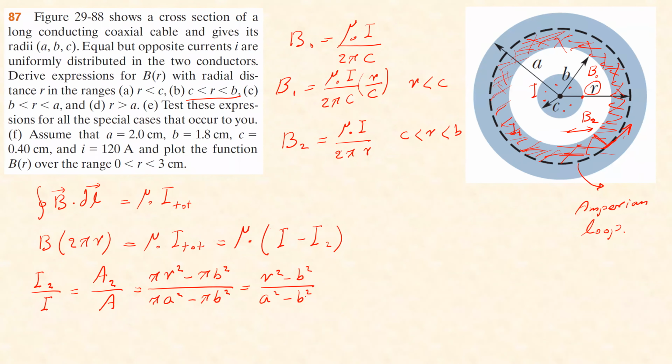And if you multiply by I, you get I2. I2 is equal to r squared minus b squared over a squared minus b squared times I. And then if you put it in here, this becomes mu naught. You can factor I, because both of them have I, times 1 minus r squared minus b squared divided by a squared minus b squared.